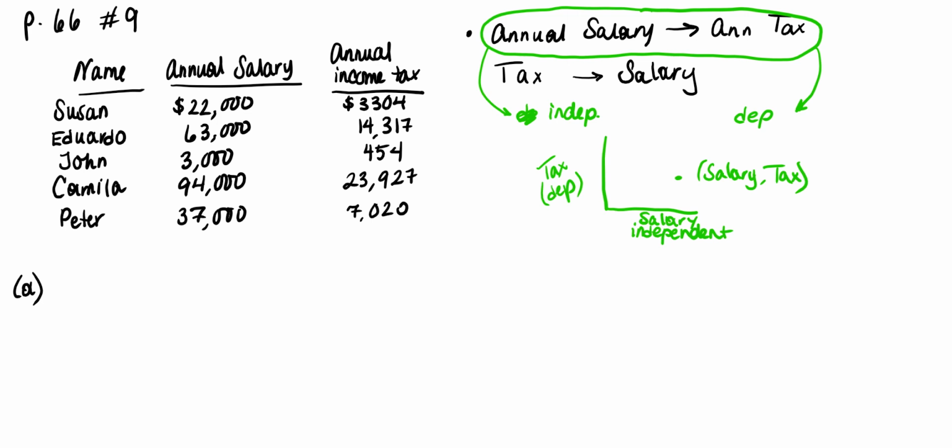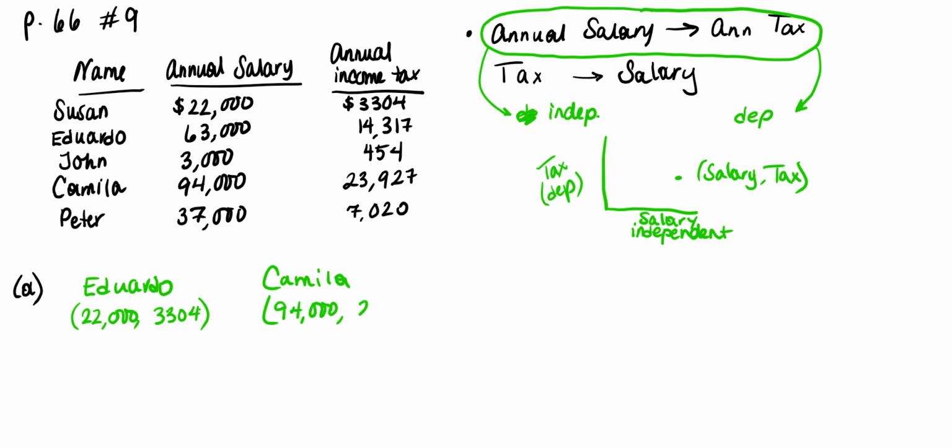So again, let's look. We're looking at Eduardo and Camila's salaries. Eduardo has an annual salary of $22,000 and income tax of $30,304. Camila has an income of $94,000 and pays an annual income tax of $23,927.